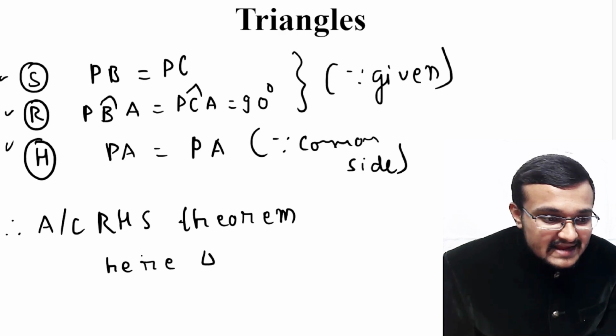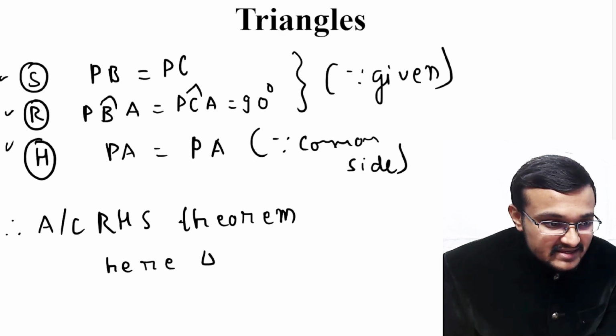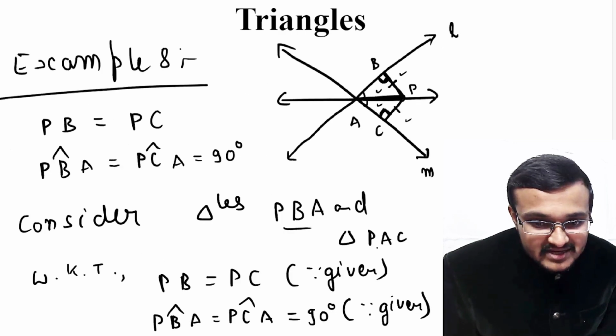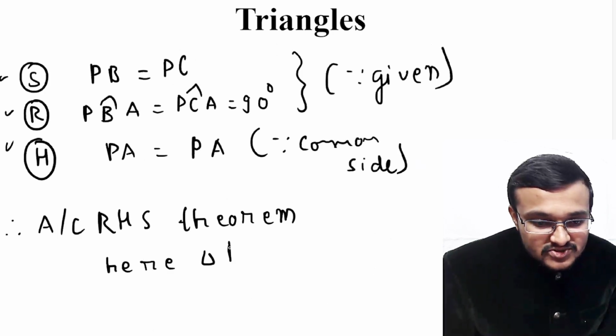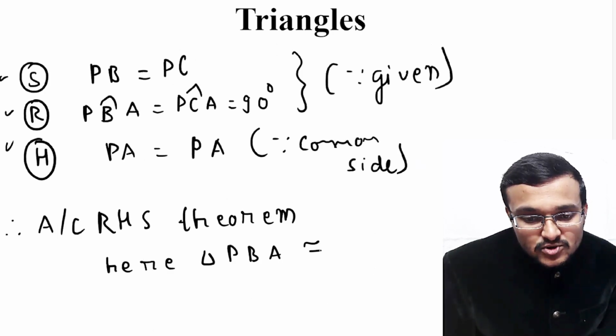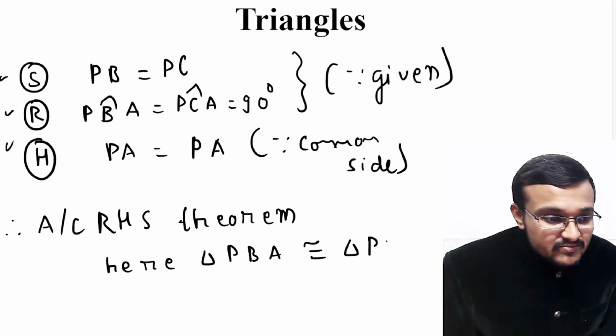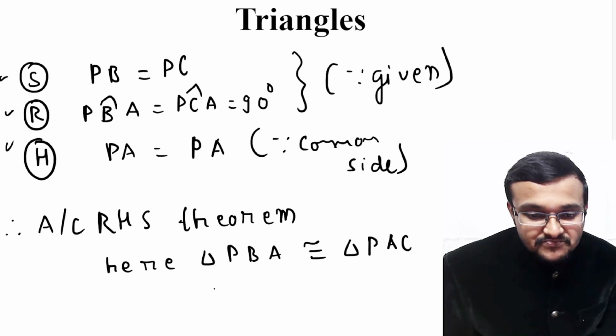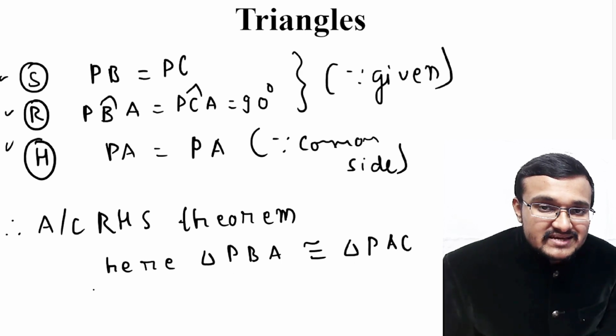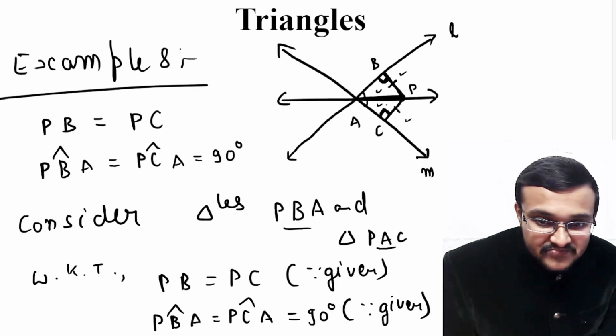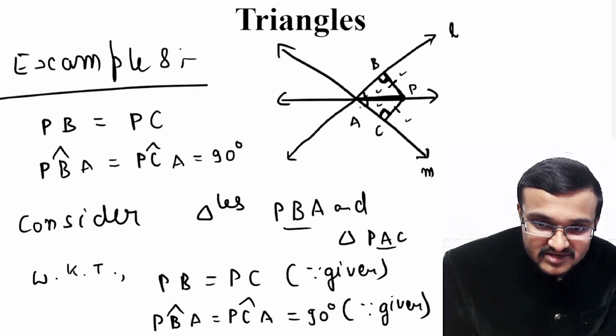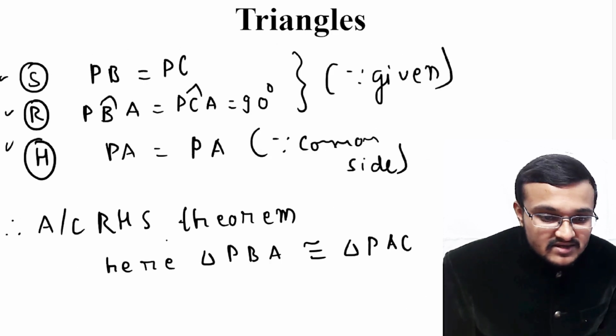we have considered triangle PBA and triangle PAC. Triangle PBA is congruent with triangle PAC. Since triangle PBA is congruent with triangle PAC, these two angles will be equal to each other.